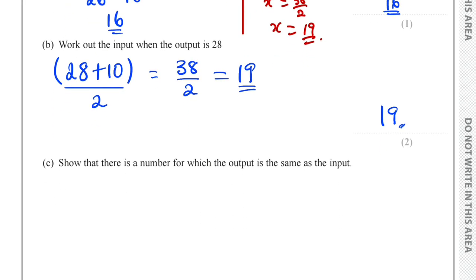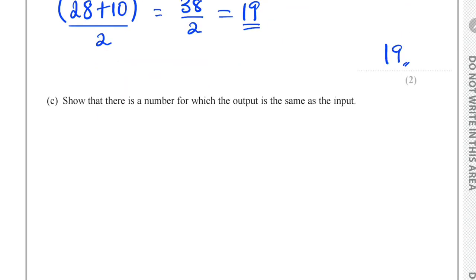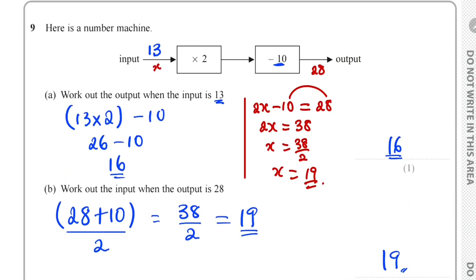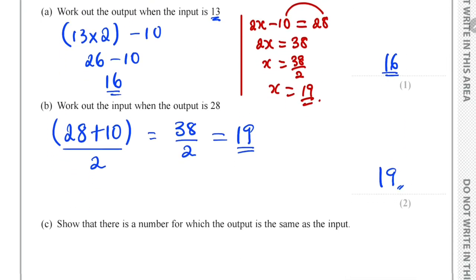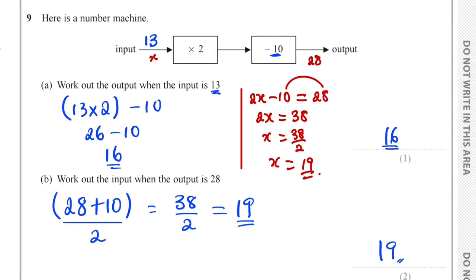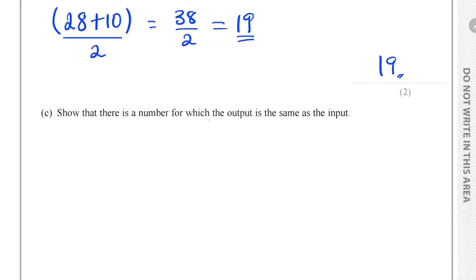Now, show that there is a number for which the output is the same as the input. Now, from my alternative method up here, you can say this. You can say now the input is x, because in the question it says we should show that there is a number for which the output is the same as the input.